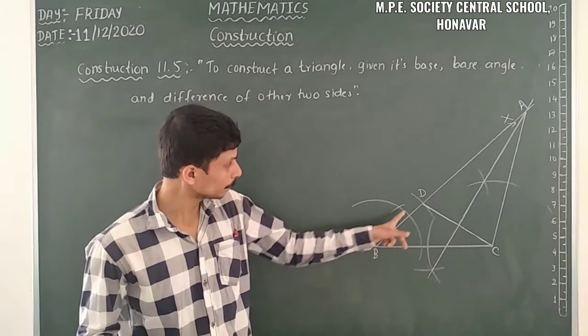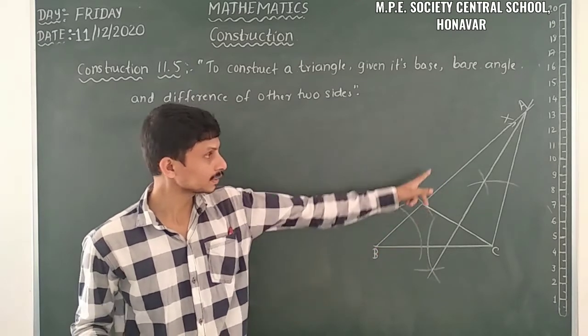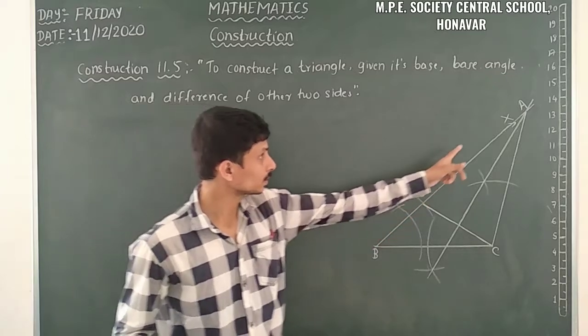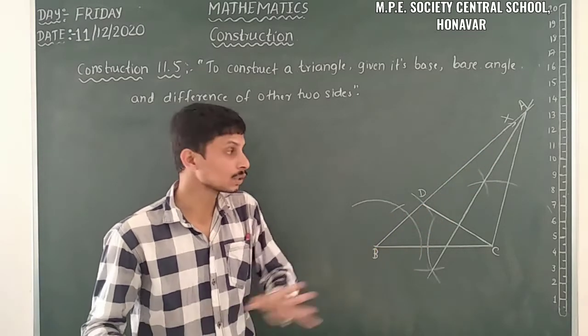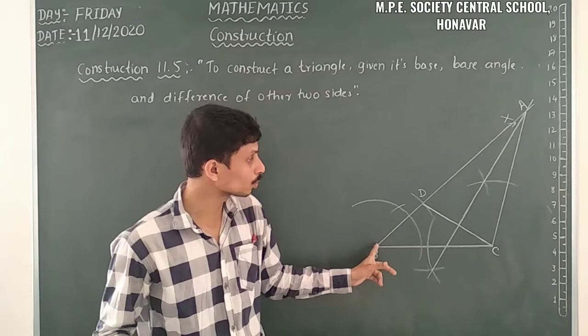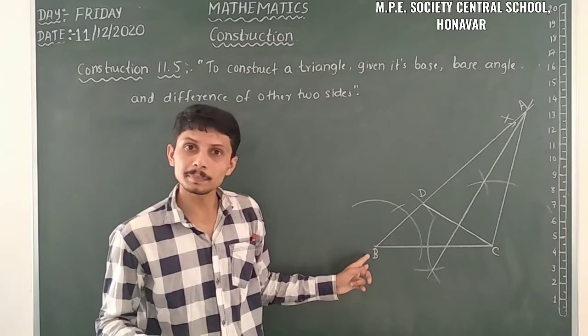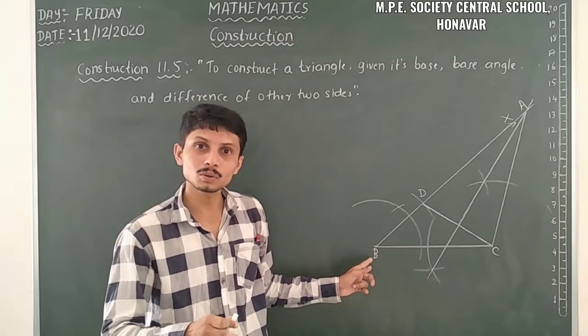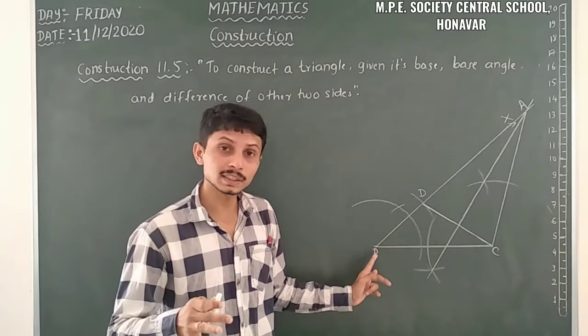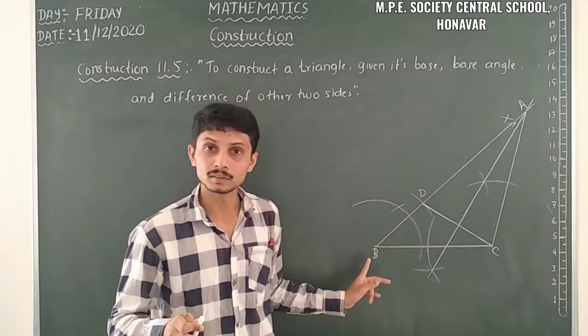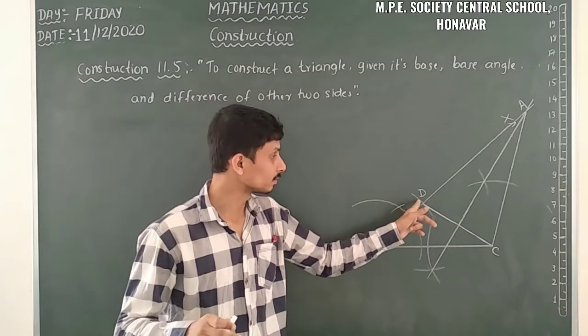So here just observe, BD is equal to AB minus AD. We want BD equal to AB minus AC. Initially BD is equal to AB minus AD.